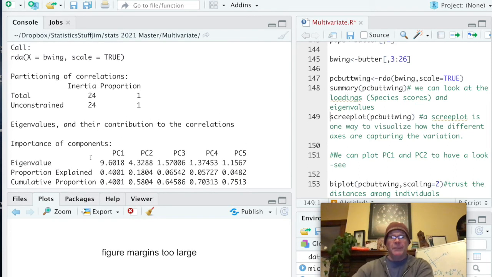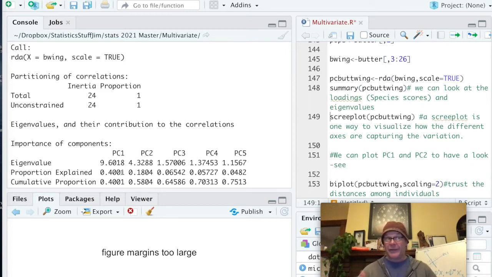Okay, so we start here with PC1. PC1 is 9.6, which, 9.6 divided by 24 is 0.4. So the first PC axis is going to explain 40% of the variation. That's pretty good, right?